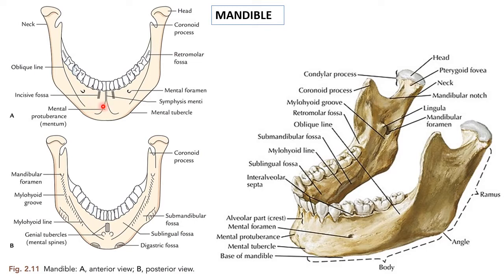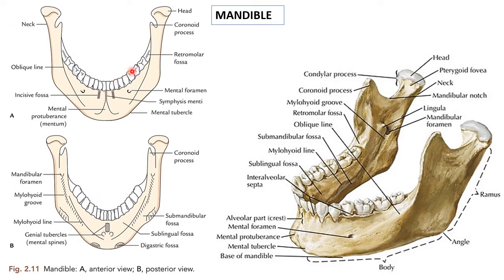On the inner aspect of the symphysis mentae, there are four tubercles, two above and two below. They are called genial tubercles or mental spines. They are arranged in two pairs, the upper pair and the lower pair. The upper pair provides attachment to the genioglossus muscle and the lower pair provides attachment to the geniohyoid muscle.